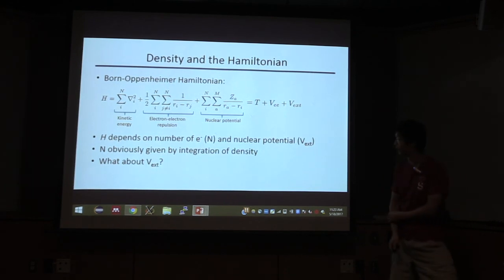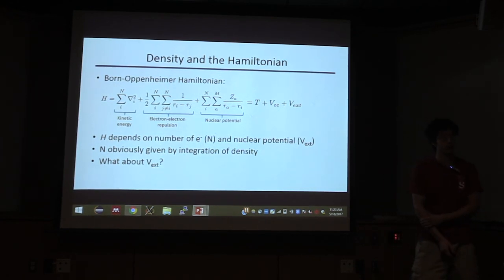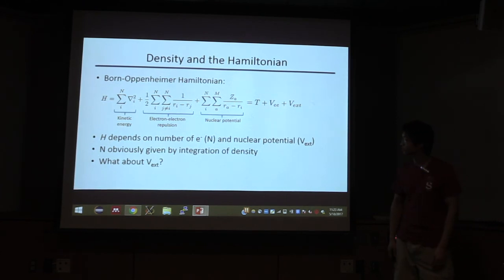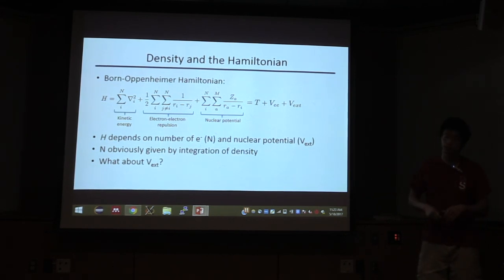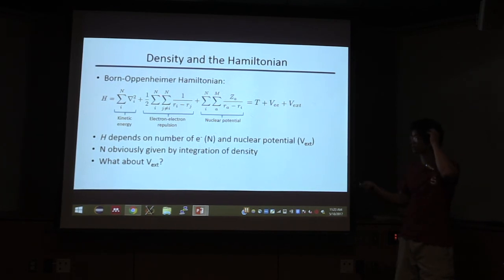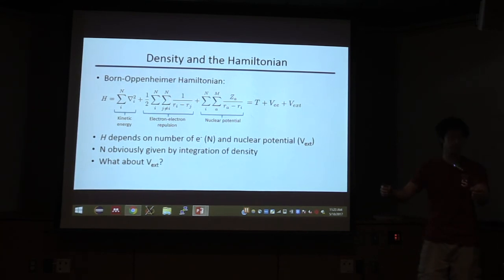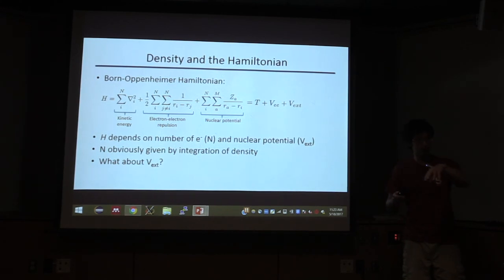Yes, so exchange and correlation are in this Hamiltonian. They appear in this two-electron operator. Correlation comes into effect when you actually integrate over the operator. The way it's presented, you think of an electron here and an electron here, and they feel each other. But remember that electrons are not actually in a discrete place in quantum mechanics, so you have to integrate over this one being everywhere and that one also being everywhere.